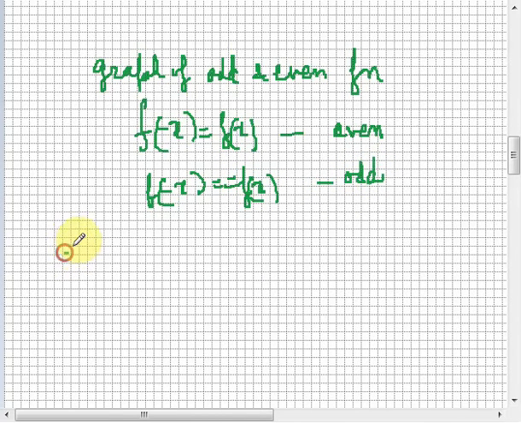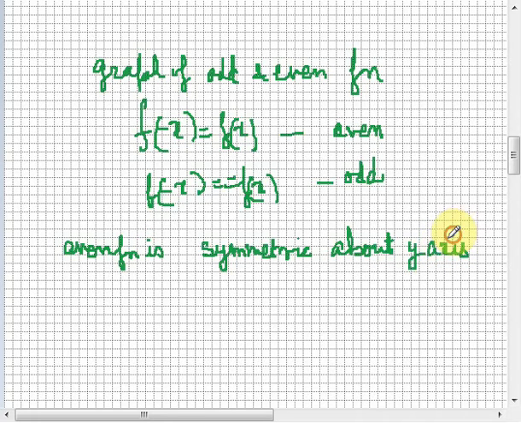The even function is symmetric about the y-axis, that is, the y-axis will be the mirror image. Suppose we want to plot an even function, the y-axis will be acting as a mirror. The left side will be similar to the right side.